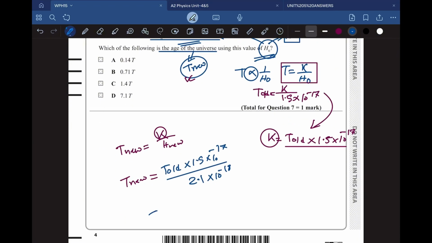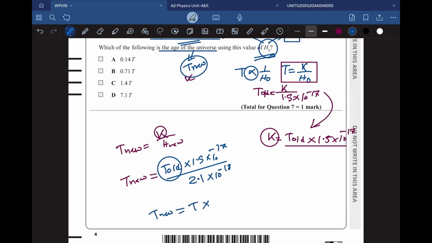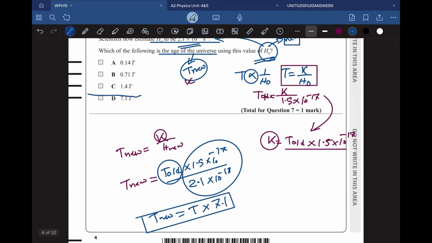Now this can be written as T new is equal to, we know T old was referred to as only T, right? The initial value was referred to as only T, so we can write T into this division. If we divide both of them, it will give us a value of 7.1. So we can get that T new is 7.1 into T. So our correct answer will be D.